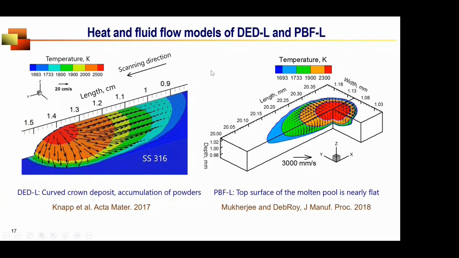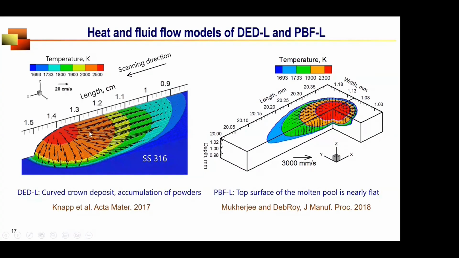If we have powder bed fusion, the pool is very small compared to wire arc and compared to DED, and the pool is almost a flat pool. It's a small pool and a flat pool. Intermediate between the powder bed fusion and the wire arc is the directed energy deposition, where the addition of the powder gives us a curved surface on top and fluid flows in all three directions.